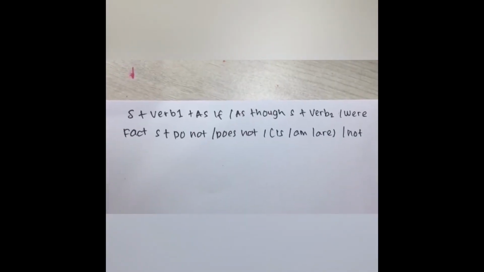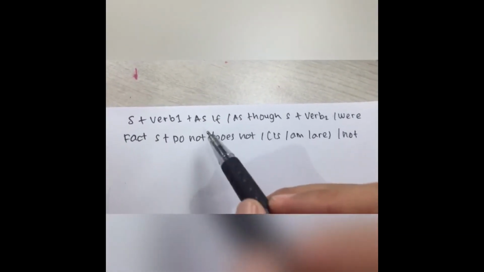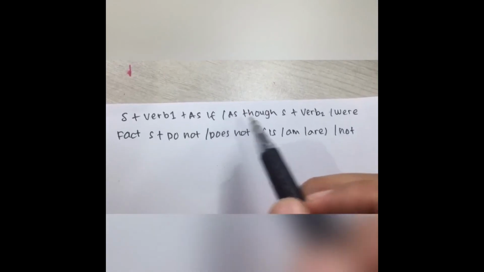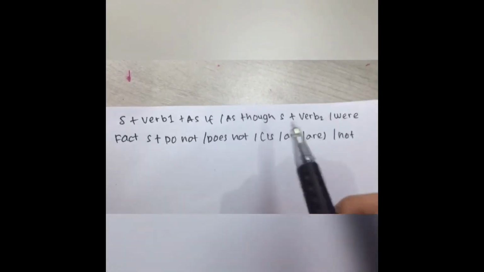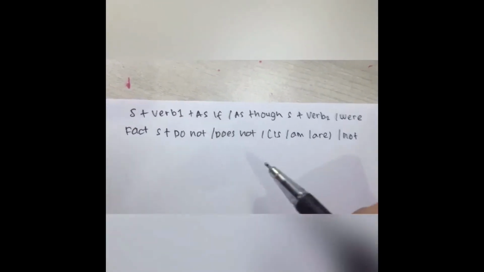Jadi untuk rumusnya yaitu subject plus verb 1 plus as if or as though plus verb 2 plus were. Untuk faktanya yaitu subject plus do not or does not plus to be and not.